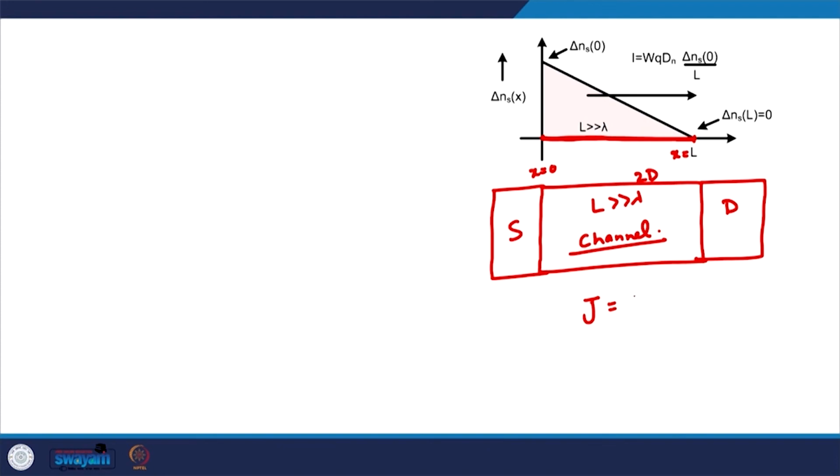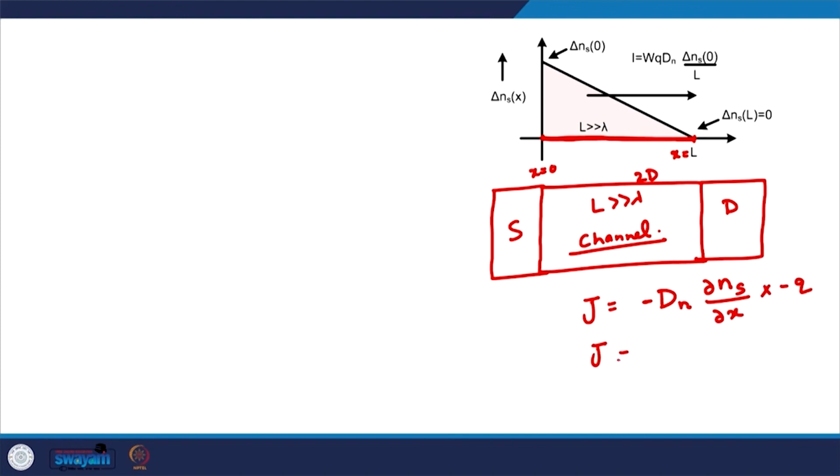This is equal to the flux of charge, minus D, let us say, d delta ns by dx, times the electronic charge, which is minus q.